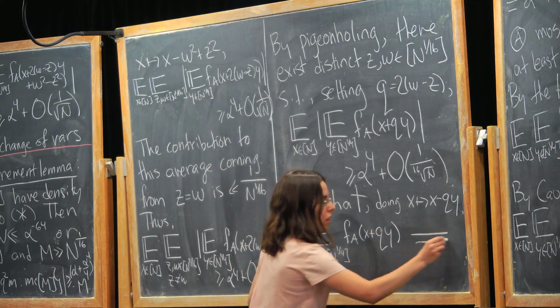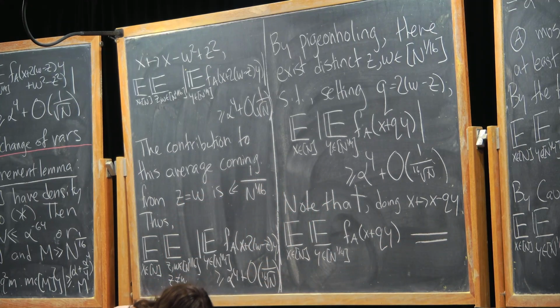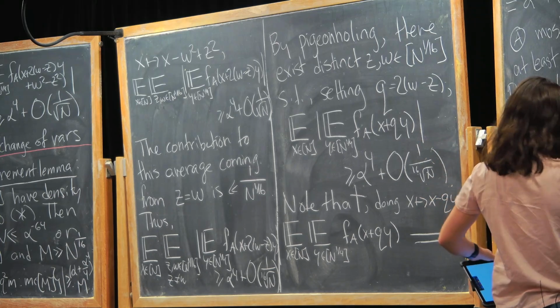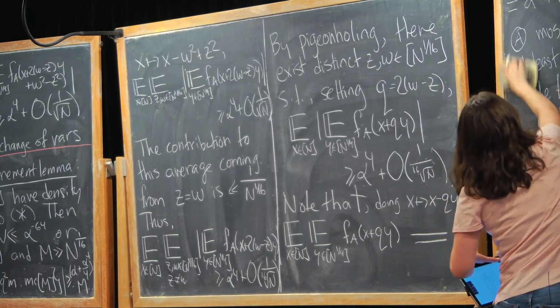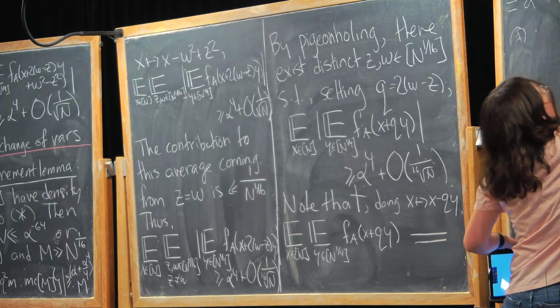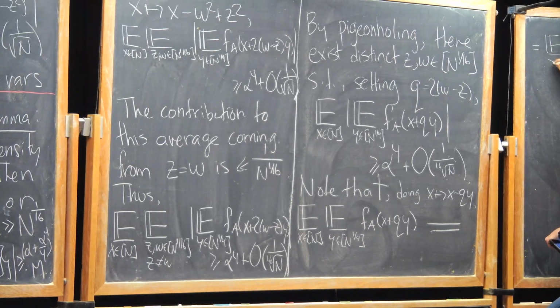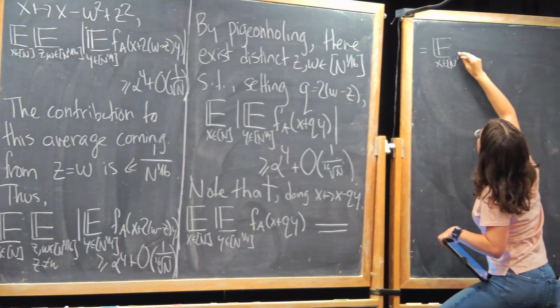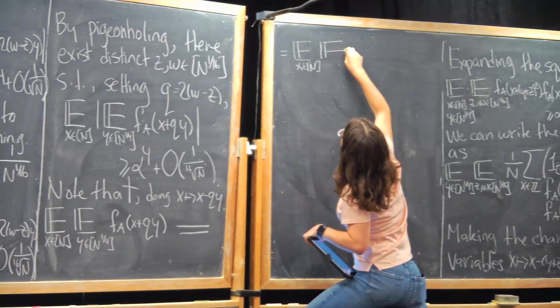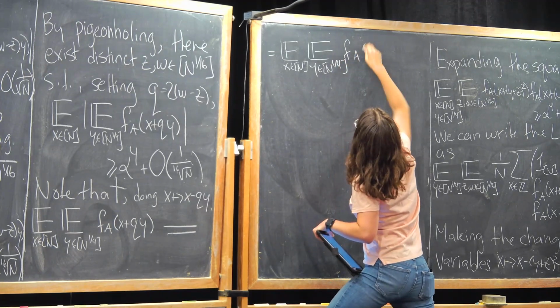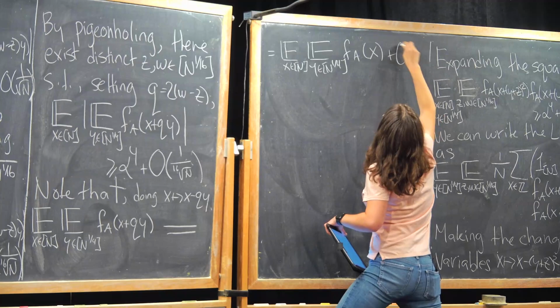Okay, so this equals the average over x, the average over y, of the balanced function after the change of variables, plus the error.